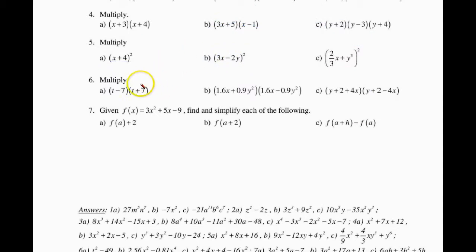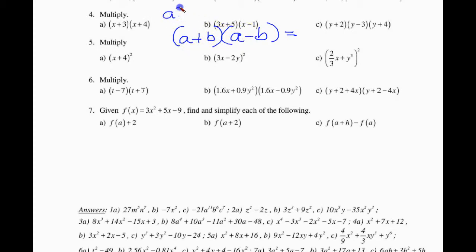Now, in number 6, we have another kind of thing, which actually looks like this: a plus b, and then a minus b. So when the terms are the same as binomials, but one's the sum and one's the difference, when we FOIL this, a very special thing happens, and let's FOIL it.